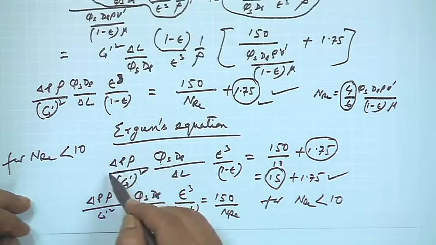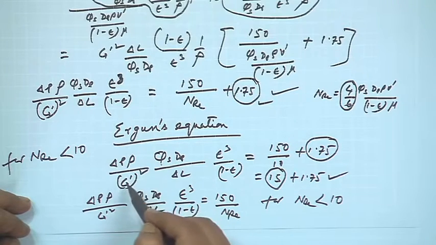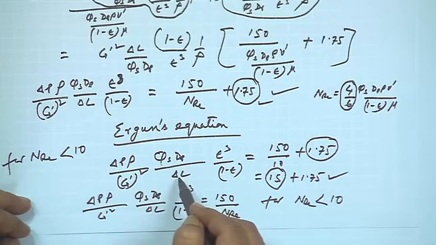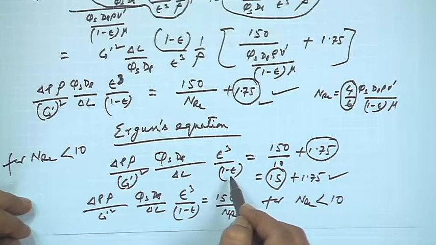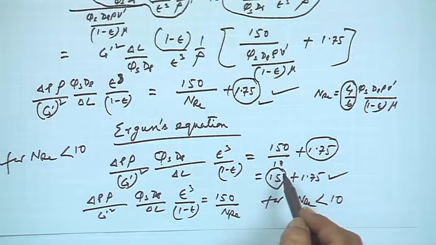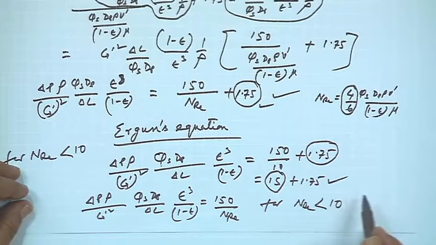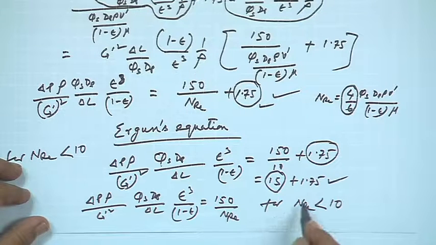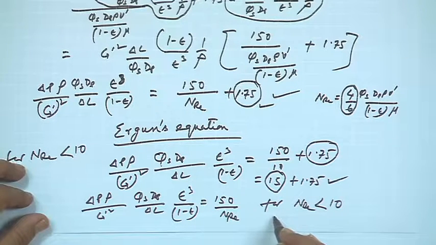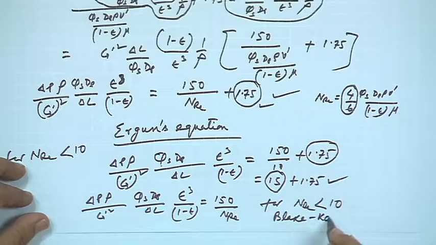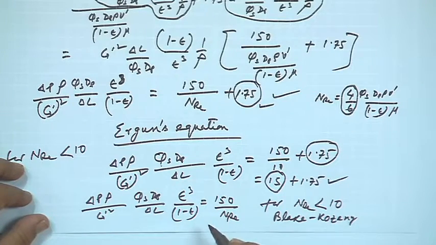So, our equation comes to delta p rho by g prime square phi s dp by delta L epsilon cube by 1 minus epsilon equal to 150 by NRE, right. That was valid for NRE less than 10, and this equation we knew as Blake-Kozeny, right. So, this is the Blake-Kozeny equation which we have seen.